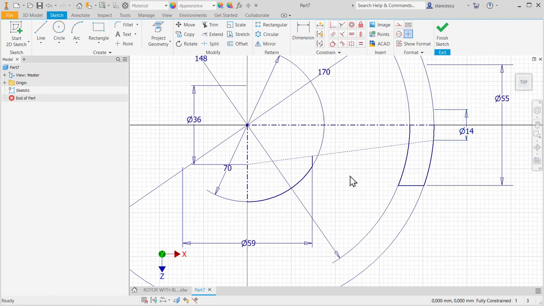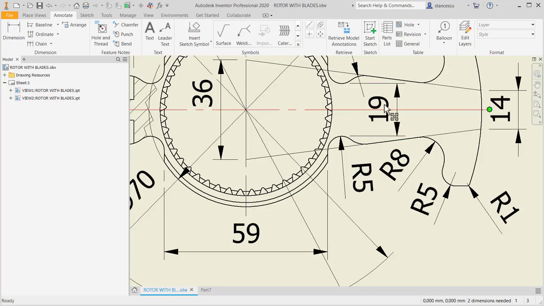Okay, now another line, horizontal, extended to the right, also a construction line, which is this 19, yes?